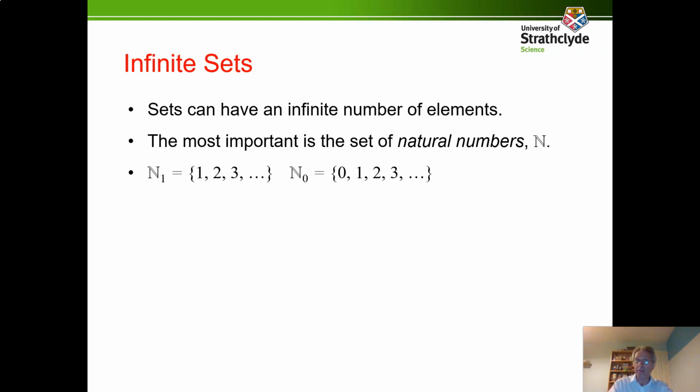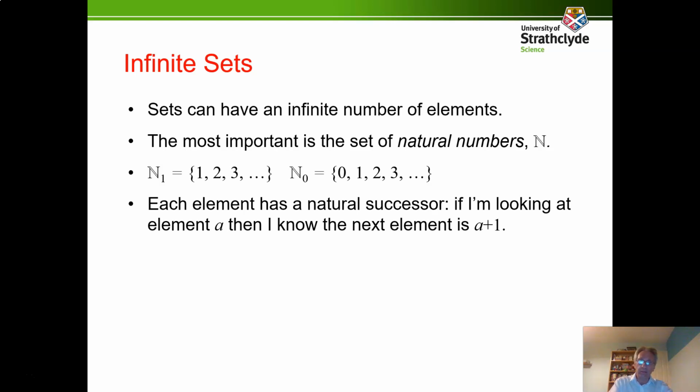So N1 is the numbers 1, 2, 3, 4, 5. N0 is the same set but with 0 in there. Computer scientists often prefer to use N0 because the bit pattern consisting of all zeros is the smallest number that you can represent with bits.